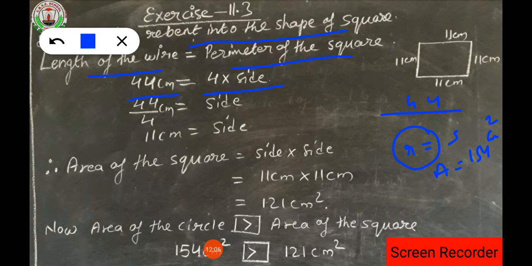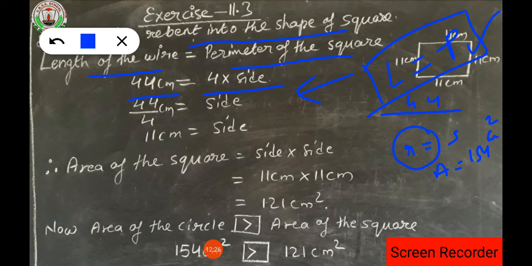Perimeter of the square will be 4 into side, isn't it? This is the formula for the perimeter of the square. In this question, the length of the wire will be equal to the perimeter of the square. As we know the length of the wire will be equal to the circumference of a circle, in the same way the length of the wire will be equal to the perimeter of the square.